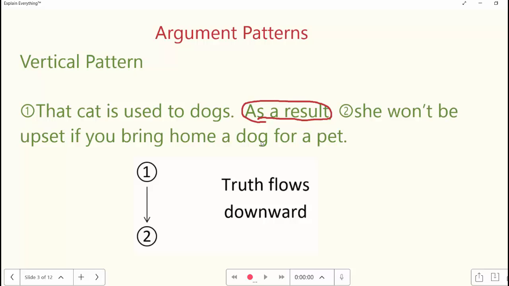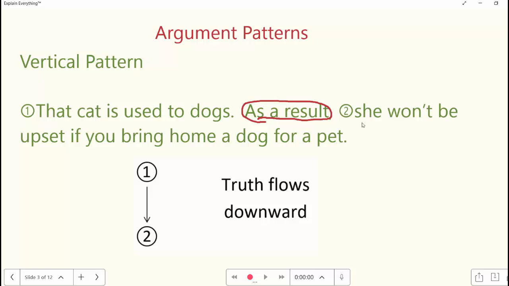And of course, if we think about the information contained in 1, it just is the kind of information that would suggest that 2 is true, right? If the cat in question is okay around dogs because it's used to dogs, then that cat's not going to be upset when you get a pet dog, or any other time that it's around a dog.